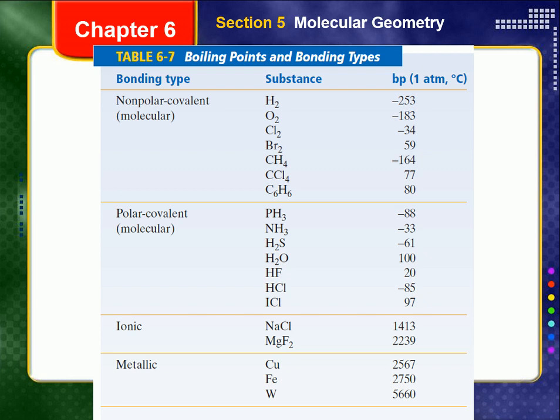How does hydrogen sulfide, H2S, compare with strongly hydrogen bonded water, H2O? Well, the H2S boils at a much lower temperature than does H2O. This is explained by the fact that sulfur is not nearly as electronegative as oxygen. So, hydrogen bonding between H2S molecules is much weaker than it is in H2O molecules.